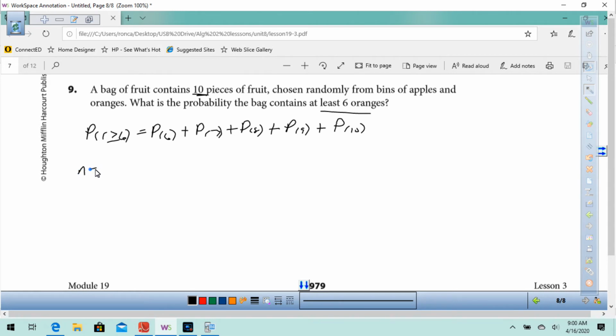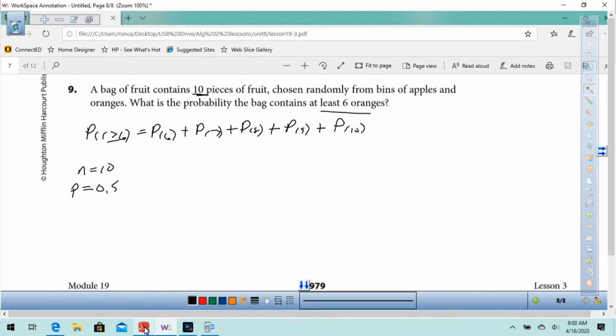So N equals 10, chosen randomly from bins of apples and oranges, so P equals 0.5. So how are we going to do this?